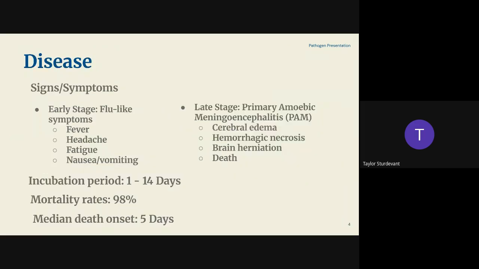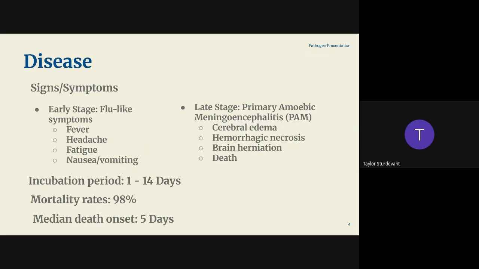The disease that N. fowleri creates is very deadly, again, though rare. Your early signs and symptoms are going to be flu-like symptoms. You're going to have fever, headache, nausea, vomiting.